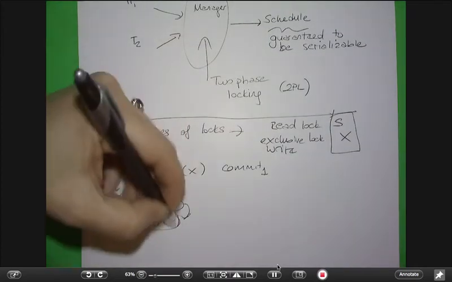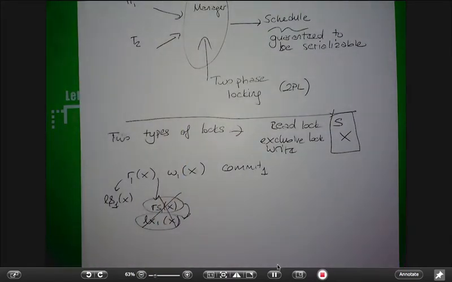So because of this, we are going to introduce a loophole. We are going to say that if nobody else is holding a lock on this item other than you, so either there is no lock, or the only person that is locking it with a shared lock is you, in that case, you can upgrade your lock. This means that you don't actually have to release the lock. You can actually upgrade it.